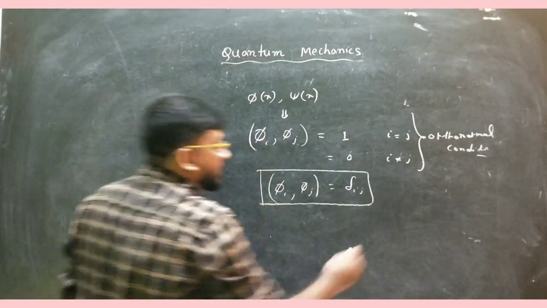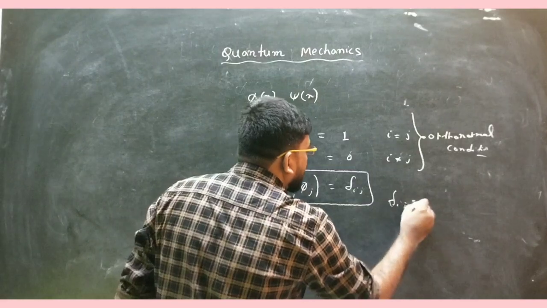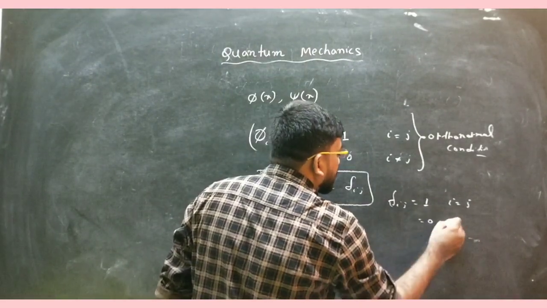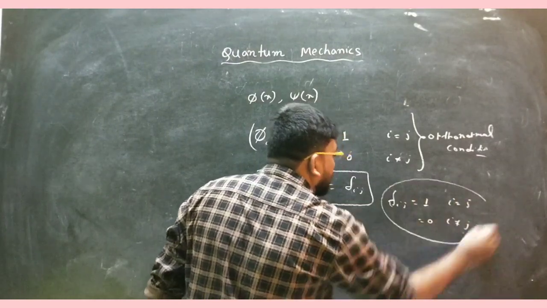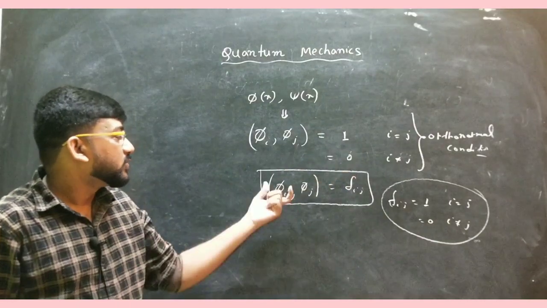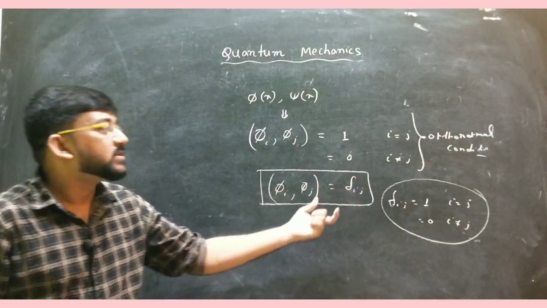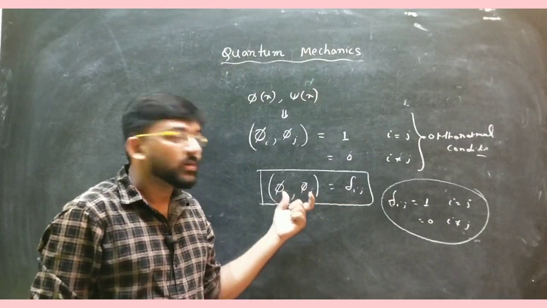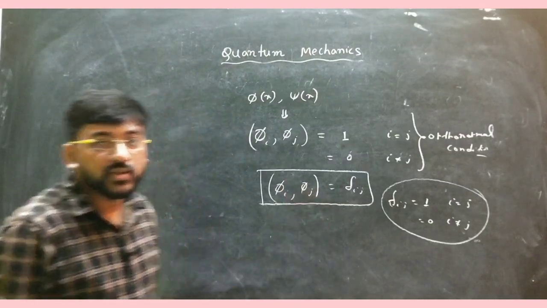And you know that delta ij is equal to 1 when i is equal to j, and 0 when i is not equal to j. So we can use this property of Kronecker delta here. So phi i with phi j equal to delta ij means this is the orthonormal wave function, orthogonal as well as normalized to each other.